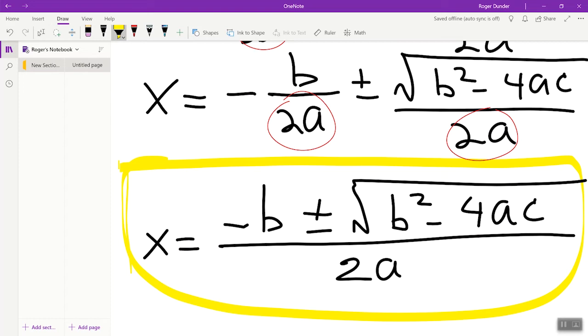Now, for many mathematical things that we do, we prefer to factor or perhaps complete the square or something like that. But the quadratic formula is particularly useful when you're dealing with decimal numbers, with real-life problems that are involved in taking measurements.